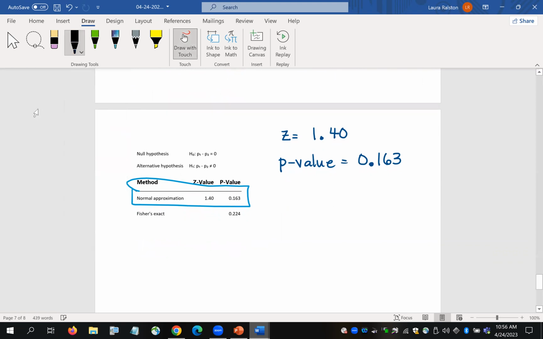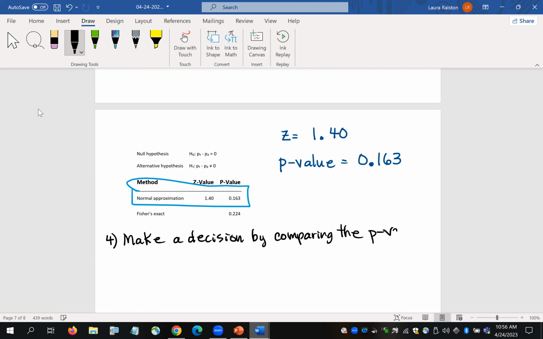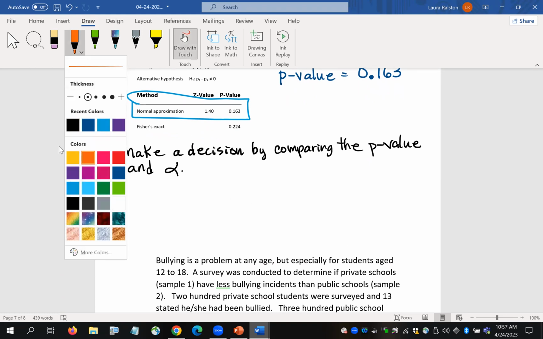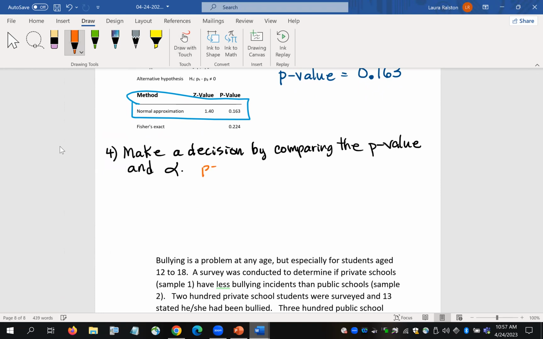Step 4 is to make a decision by comparing the p-value and alpha. We're doing 0.05. So the p-value is 0.163.